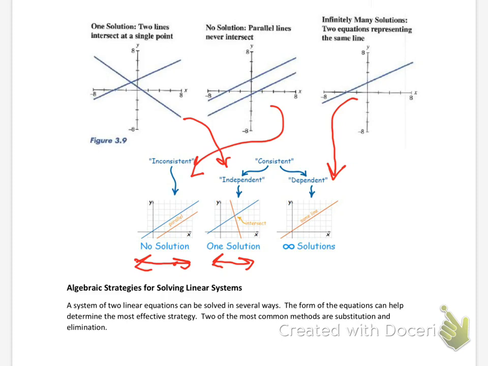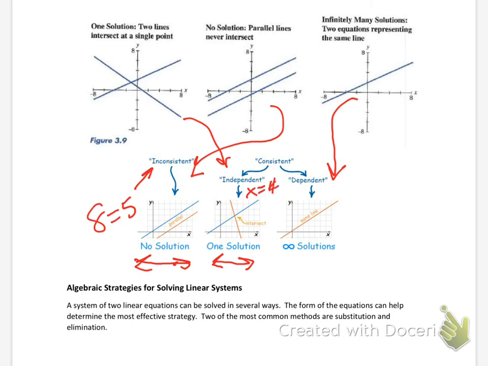Okay, so just to recap, what could happen algebraically if you have parallel lines? You can end up with an equation that when you try to solve for x, you get 8 equals 5, and that definitely is inconsistent with reality, and you have parallel lines. Consistent and independent, you will get x equal to some number.